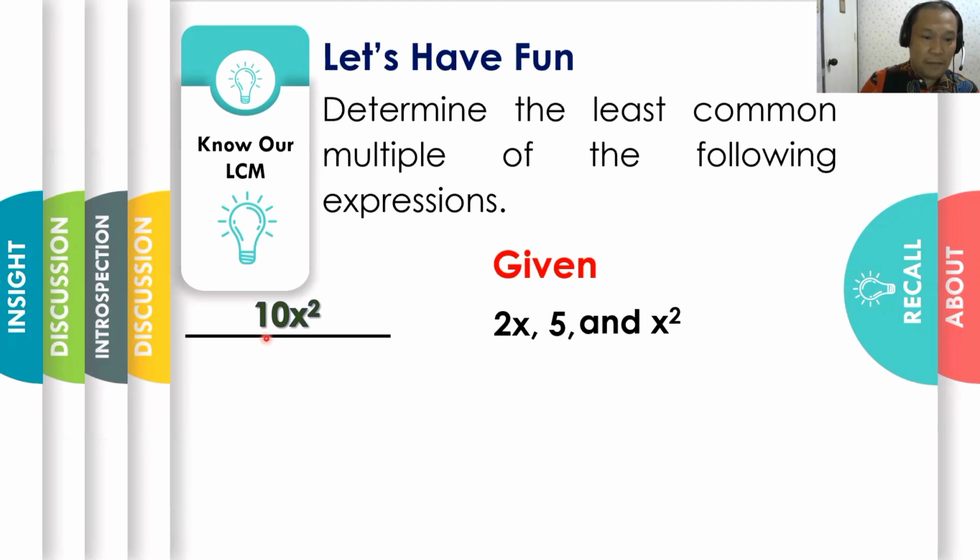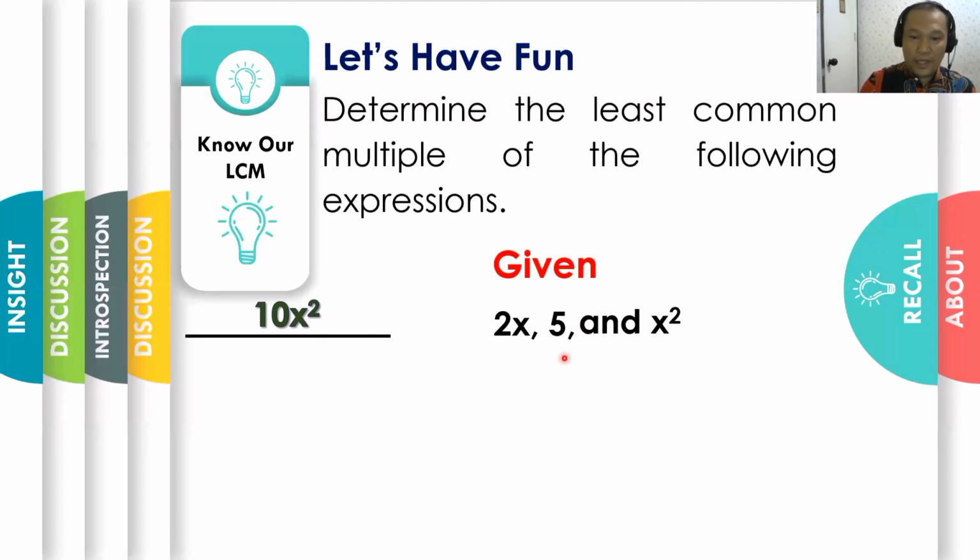Thus, in 10x squared, 10 will be our multiple for 2, 5, and 1. On the other hand, for the variable x, we are going to use the variable with the highest exponent. Since this is a monomial, therefore, we are going to use x squared. Thus, the given LCM here is 10x squared.